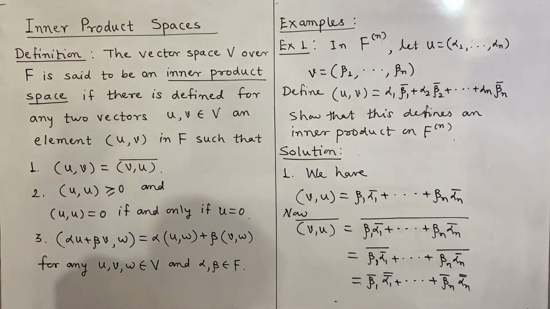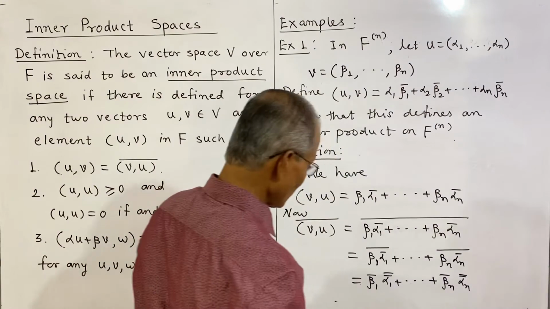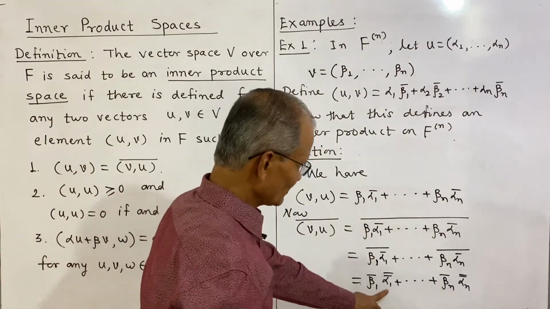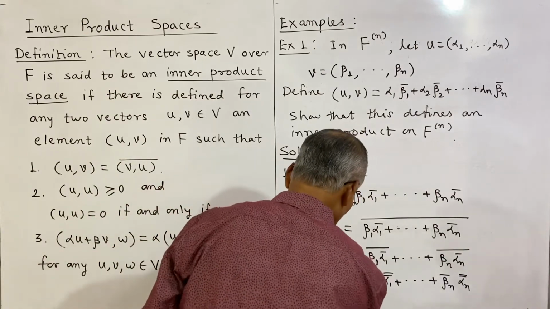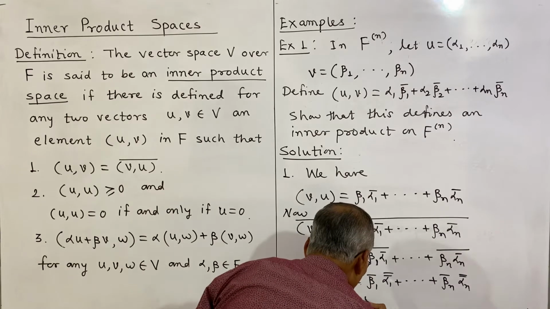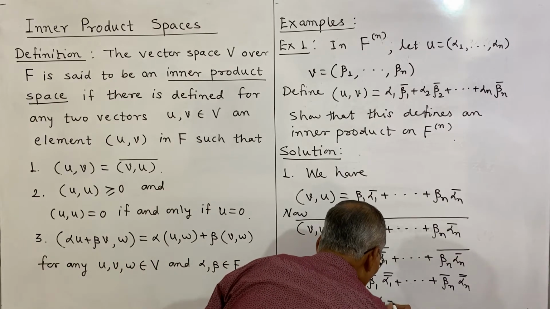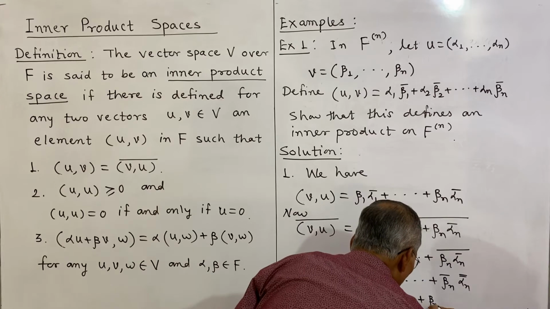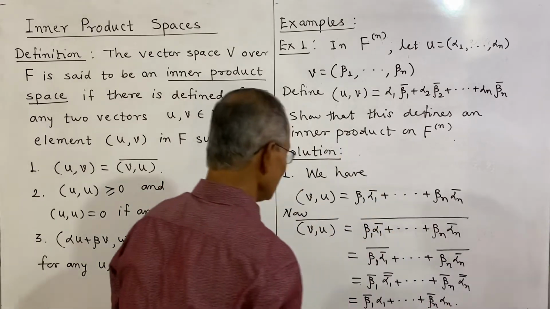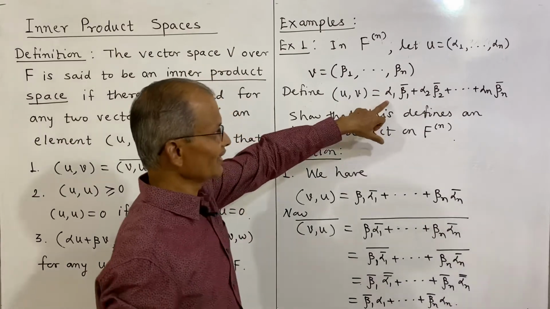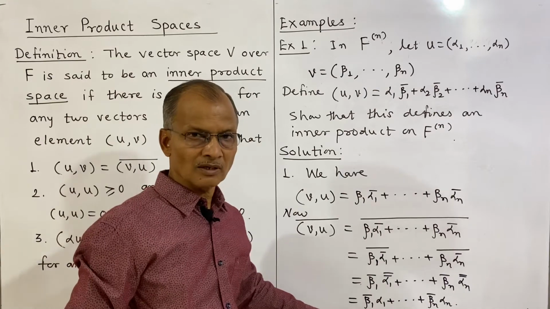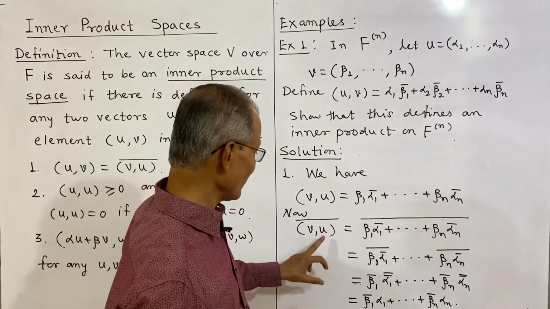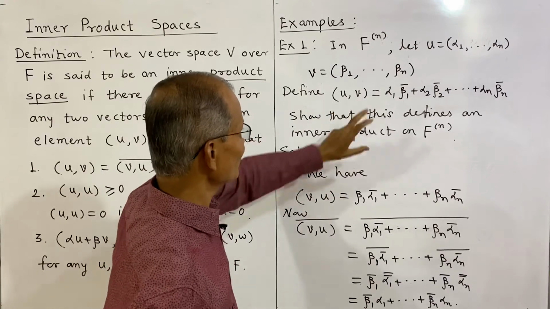We know the double conjugate of a complex number is itself, that is, double conjugate of z is z, and therefore this is equal to conjugate of beta 1 alpha 1 plus so on up to conjugate of beta n alpha n, and this is exactly the given definition. See, alpha 1 conjugate of beta 1. So this product is commutative, and therefore this is exactly the same as inner product of u and v.